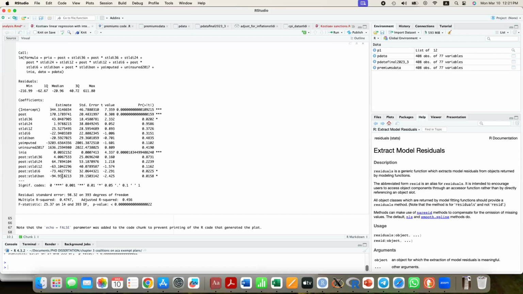Another coefficient which is statistically significant is, and again, when you run an interaction model, for the most part you're only interested in interactions. The other statistically significant coefficient is when we interact the post federal policy with short-term plans for 6 months. And again, what is the level of significance?